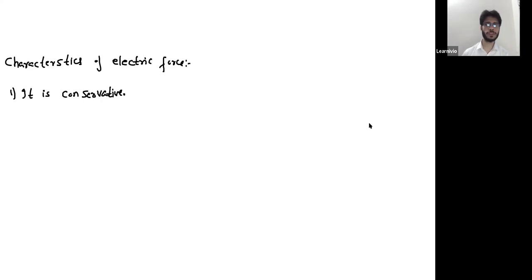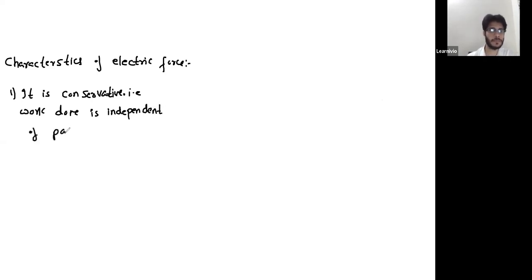Conservative force is a totally different concept from conservation of energy or conservation of charge. When we say that force is conservative, it means work done is independent of path.